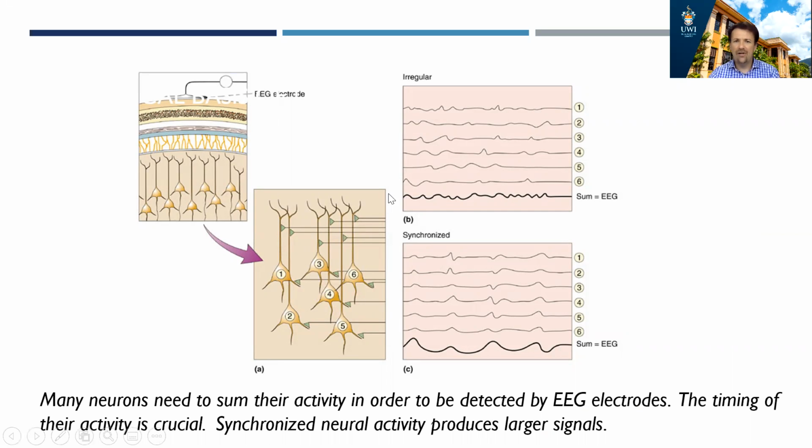In this first diagram on the top, these 6 neurons are not firing together at the same time. The activity is asynchronous, so you don't get a large signal. But when they do fire together at the same time, these signals can be added together, as can be seen in this diagram. And these signals are much better recorded and detected by our electrodes. And it's these signals that are able to form the basis of the EEG.